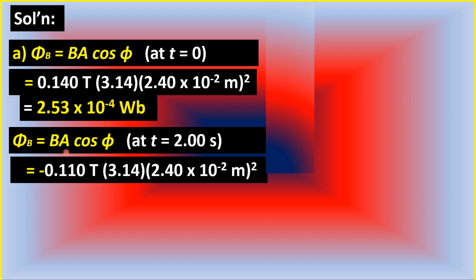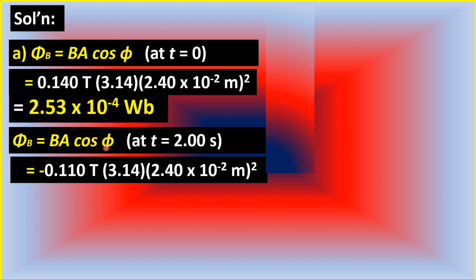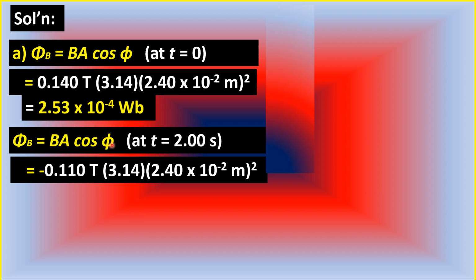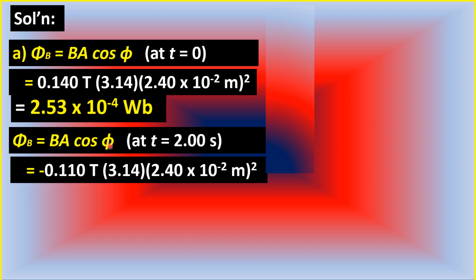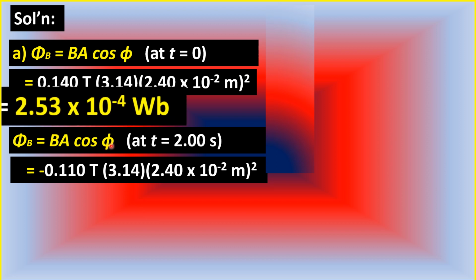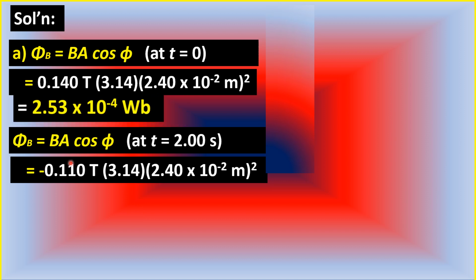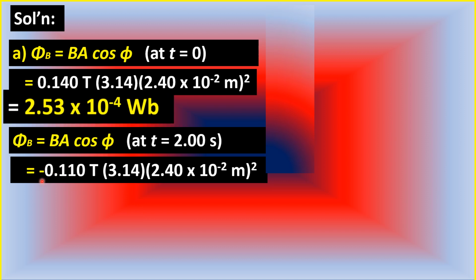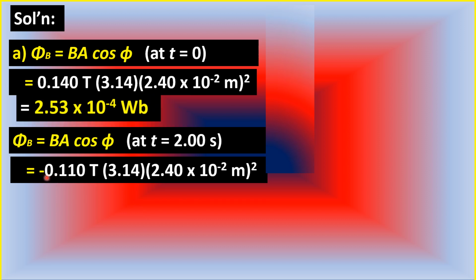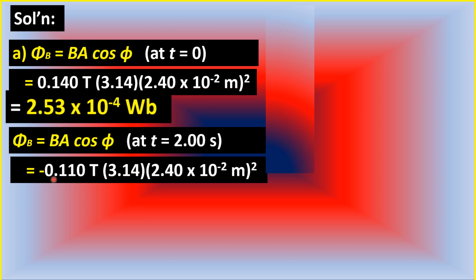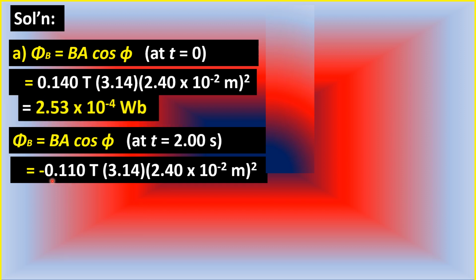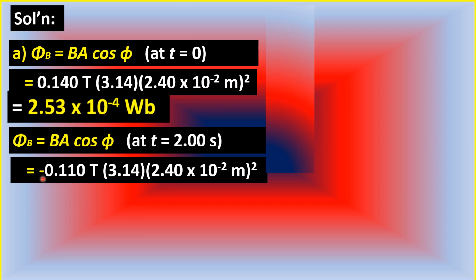Now, if that is the case, we have a situation where the angle phi between the two vectors is equal to 180 degrees, in which case the cosine of that angle is equal to negative 1. So it's just proper for us to put the negative sign here because this represents the direction of the magnetic flux, which is directed to the negative z-axis.